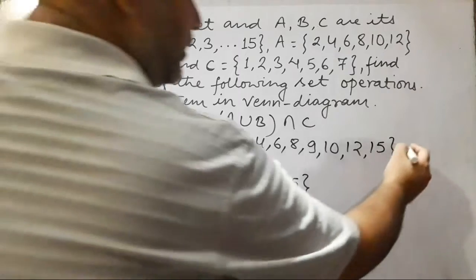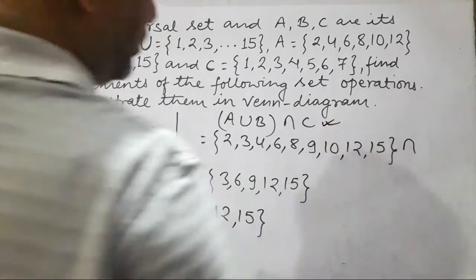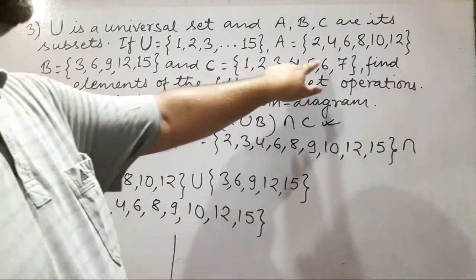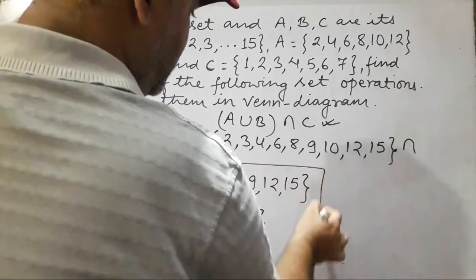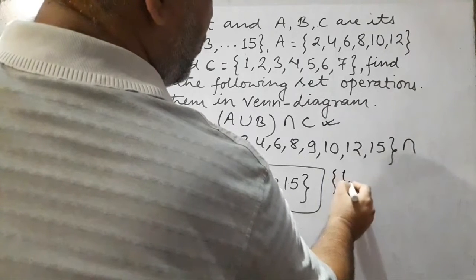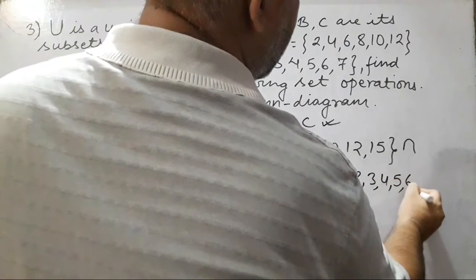Now intersection with C. What are the elements that belong to C? 1, 2, 3, 4, 5, 6, 7. Okay, I'm going to write here since there is no space.